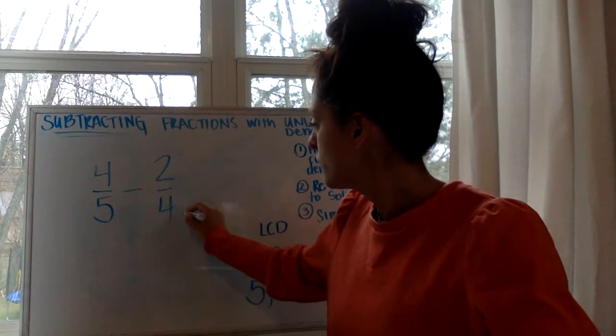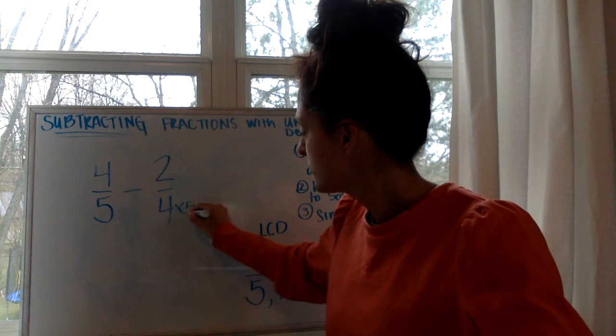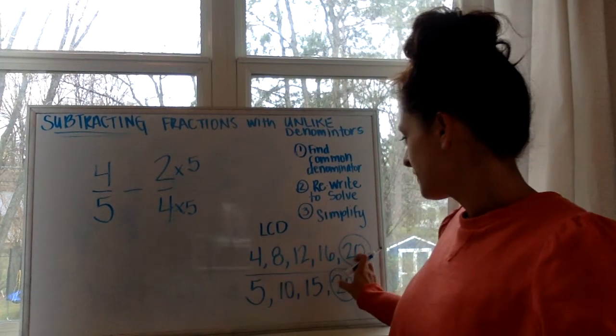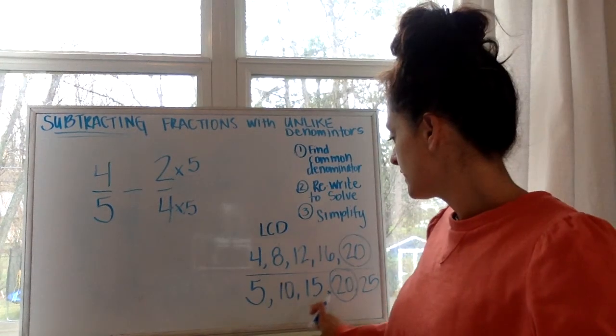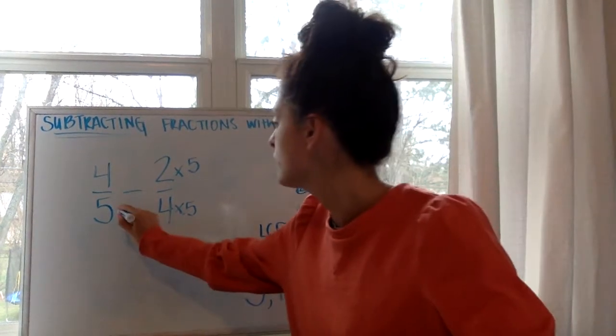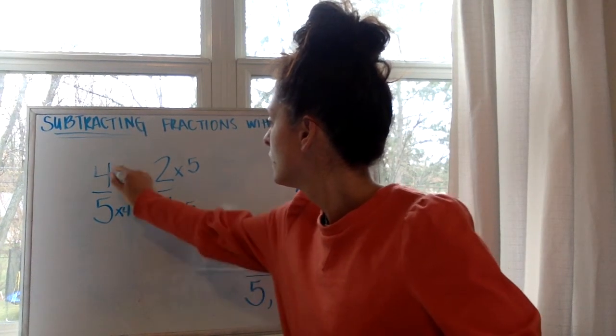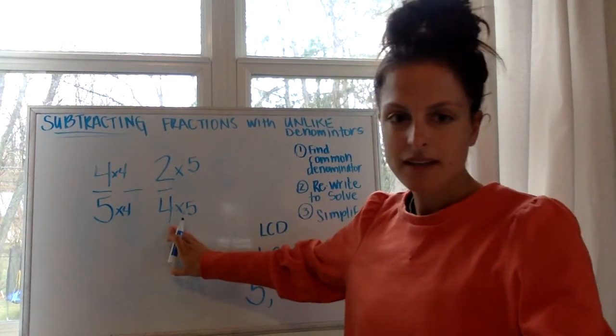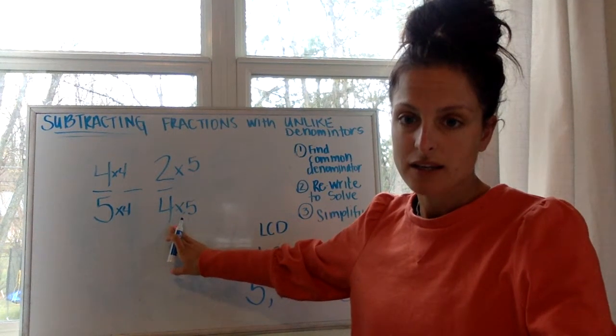So I'm going to multiply 4 times 5 and 2 times 5, because that's going to give me my denominator of 20. And I'm going to multiply my 5s by 4. And so now you can see that we did multiply the opposite denominators by each other.